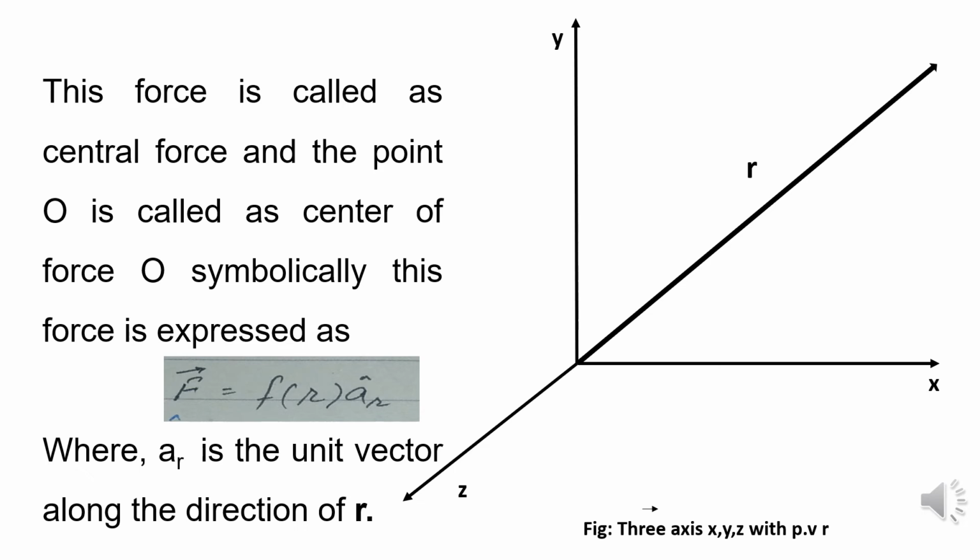This force is represented symbolically as F vector is equal to F of r times ar unit vector. Here in the picture you can see that there are three coordinates x, y, z, and the position vector r.